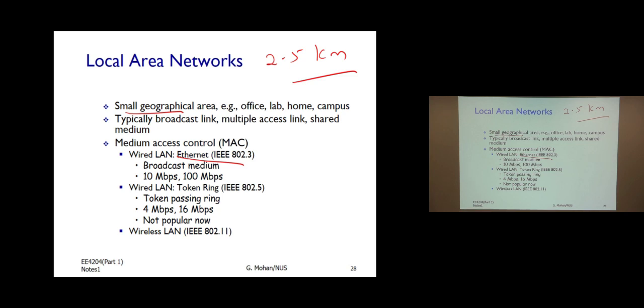A single Ethernet network can be up to 2.5 kilometers. That means you can lay the cables around this hall, this building and other buildings. It may cover one big company, one single cable, single network.